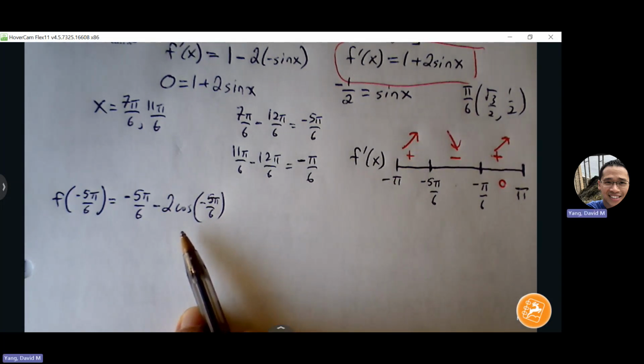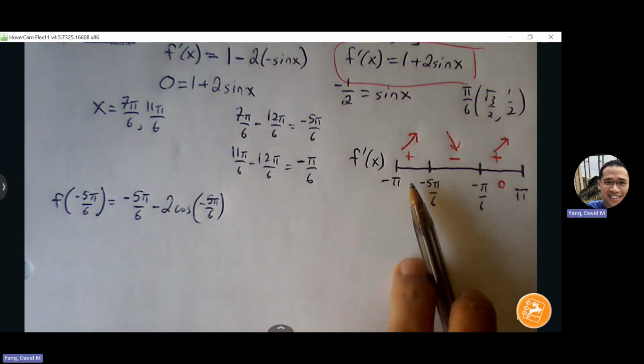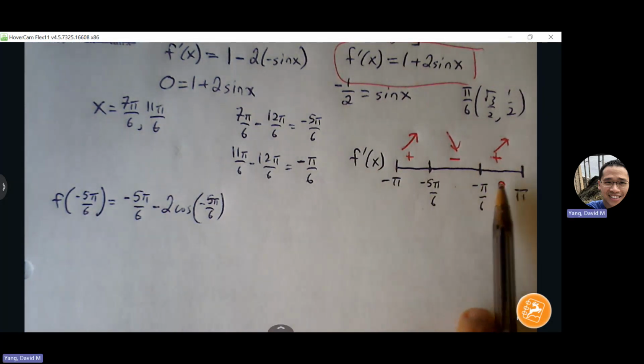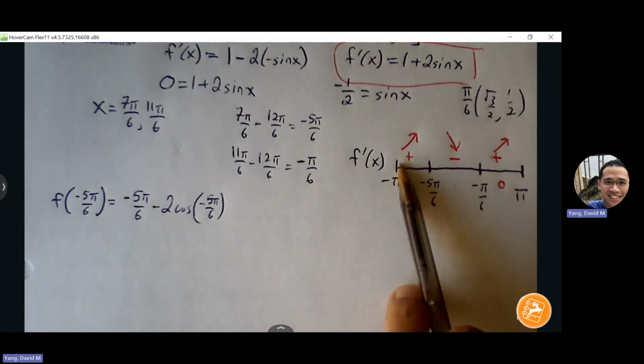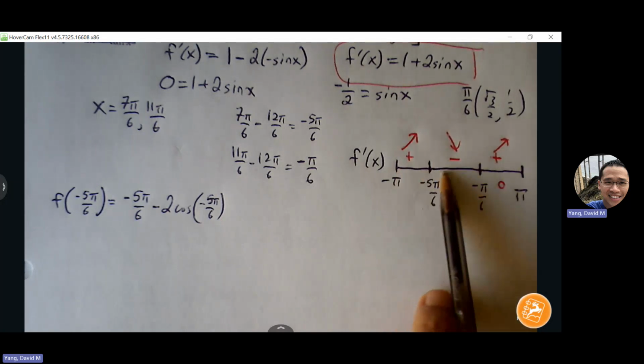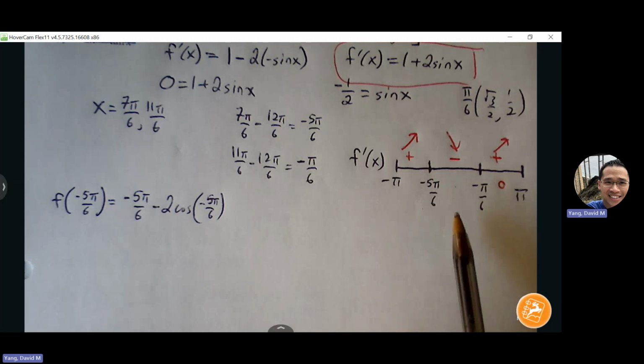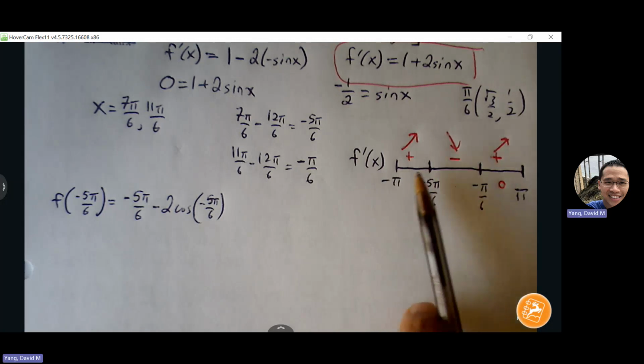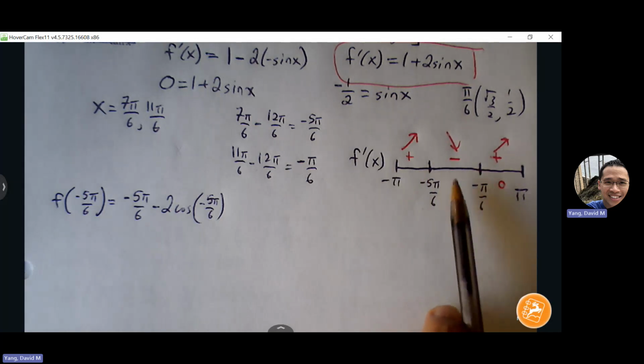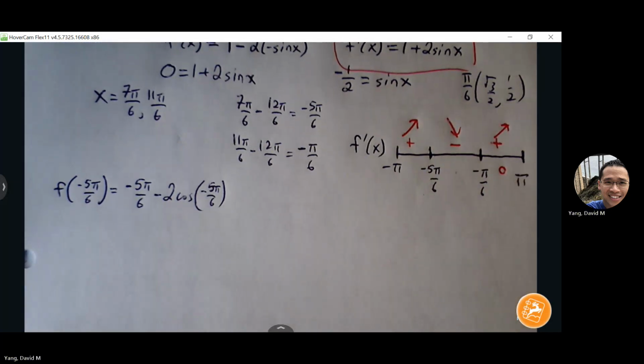You test for like between -5 pi and -pi. Yeah, it's hard to find one, but I would say just test one of them, and then you know that all your other signs are just going to follow a different order here. So alternate. Yeah, the ones I give you will always alternate. I know some of them are hard to find, but there's going to be at least one that's going to be easy to find, or easier.